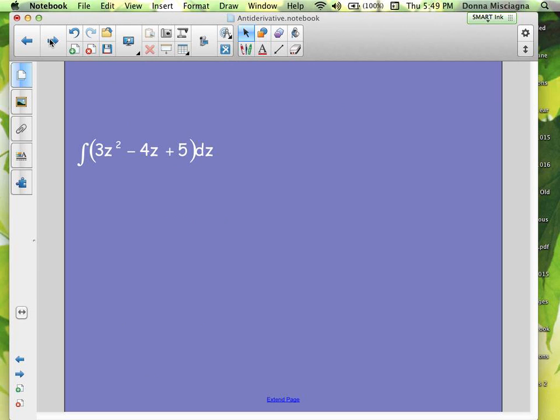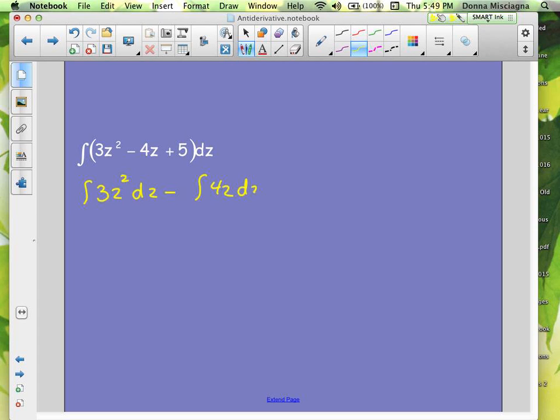Right, so here, another nice easy one. We can split this up. So we have the integral of 3z squared dz minus the integral of 4z dz plus the integral of 5 dz.